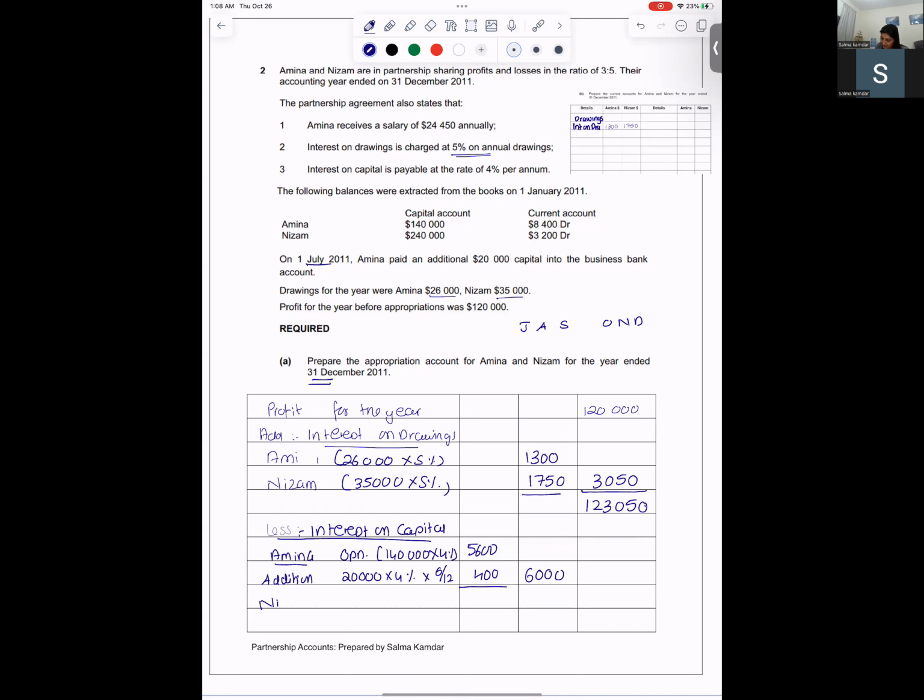And for Nizam, it would be 240,000 into 4%. So it comes up to 9,600. So the total interest on capital is 15,600.